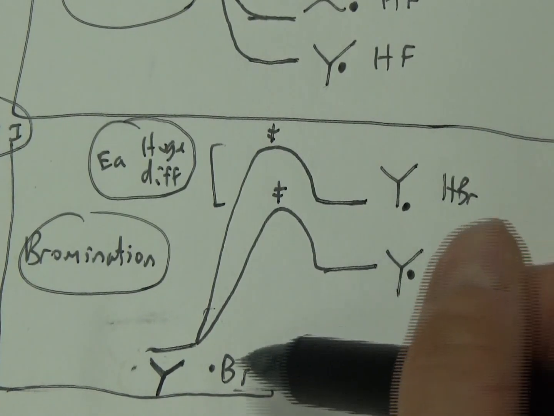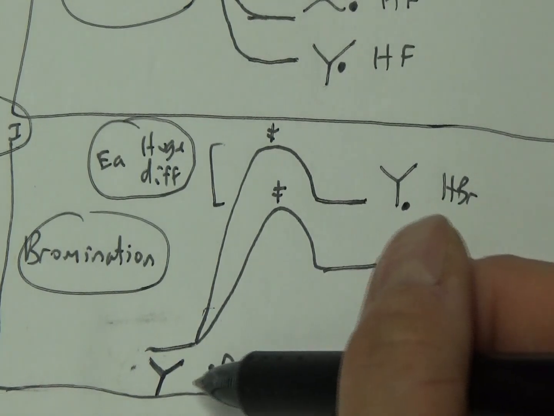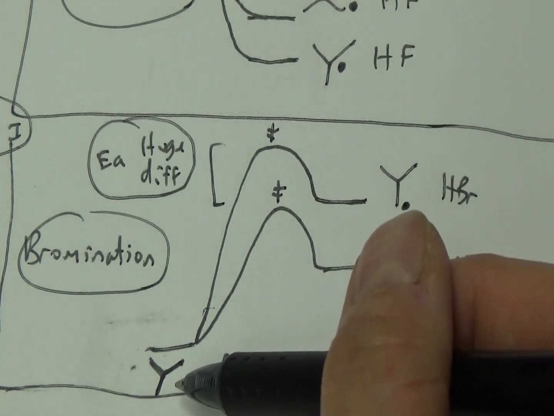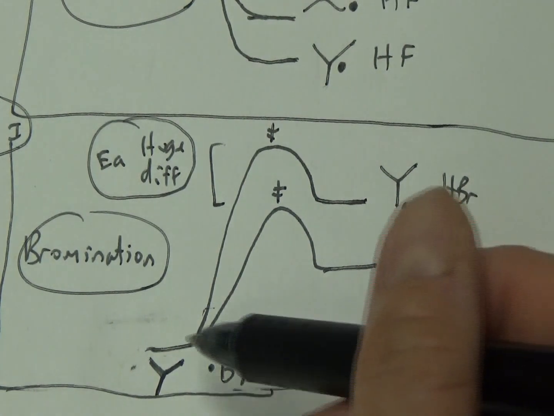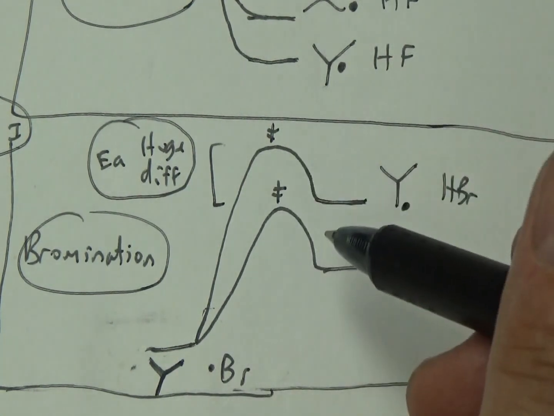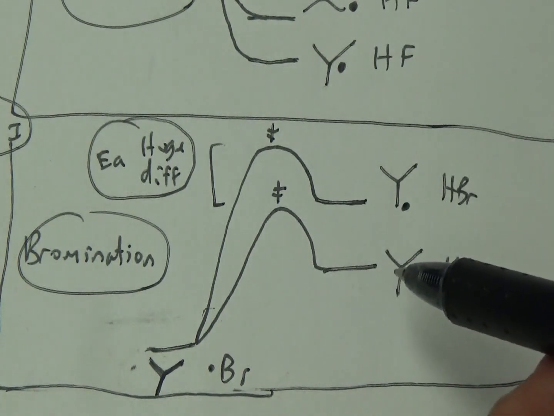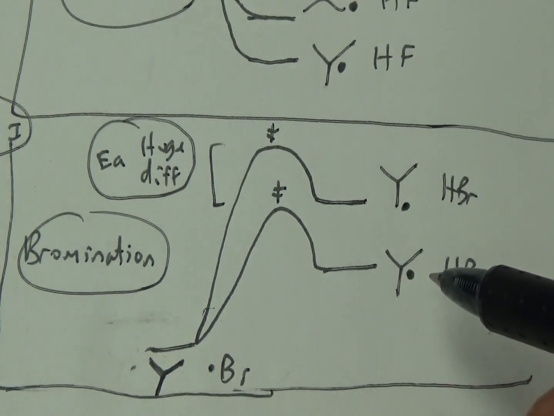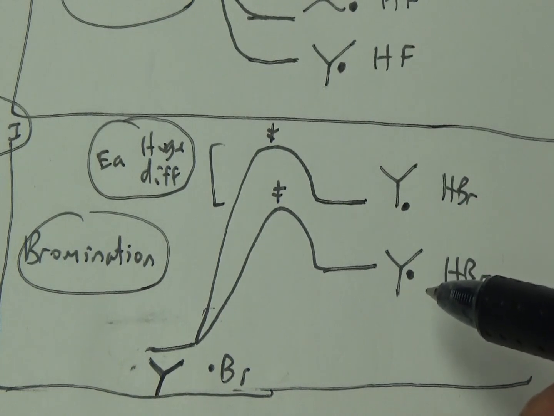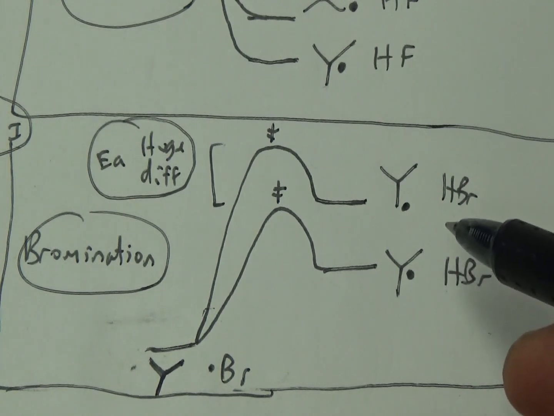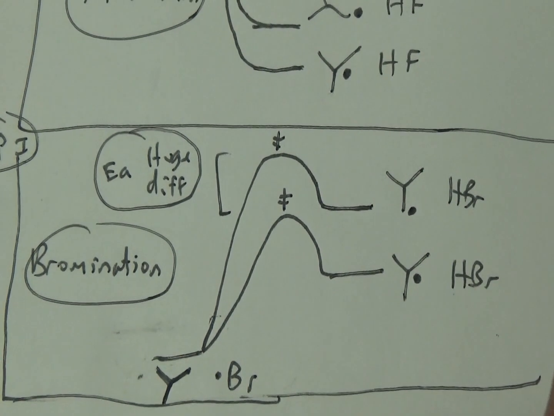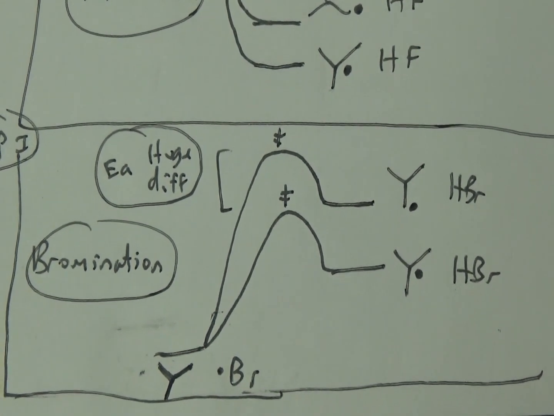So if you're this 2-methyl propane and Br dot, which pathway do you want to take? The low energy pathway or the high energy pathway? You're probably going to go down the low energy pathway, and that gives you the tertiary product, which we know is hugely selective. It's like 1,700 times more likely to go down this pathway than this pathway. Isn't that crazy?